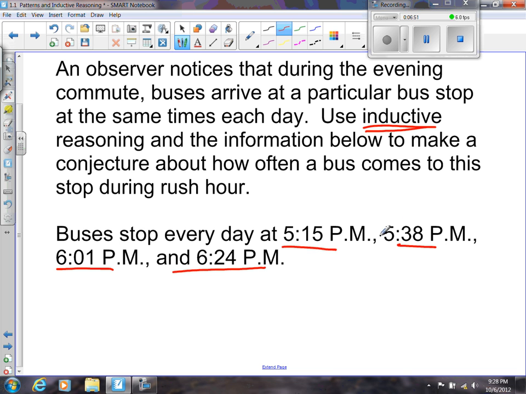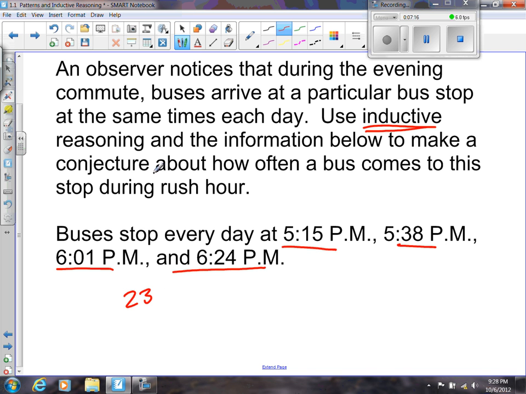How often is it coming? From 5:15 to 5:38, 15 plus 8, 23 minutes. If I add 23 to 38, remember at 60 it moves to the next hour, and that would be 6:01, add 23 again.